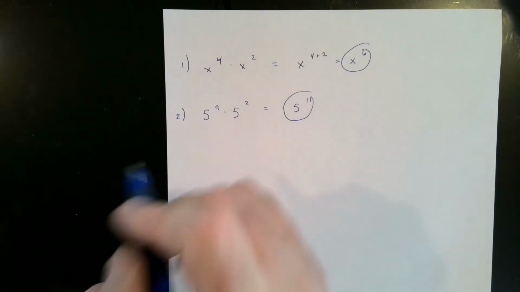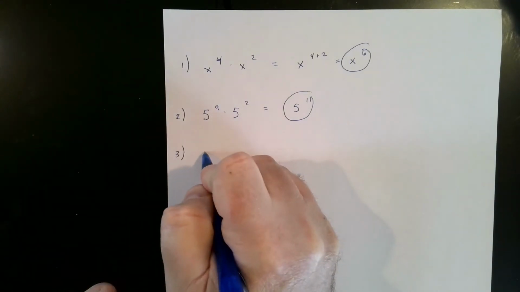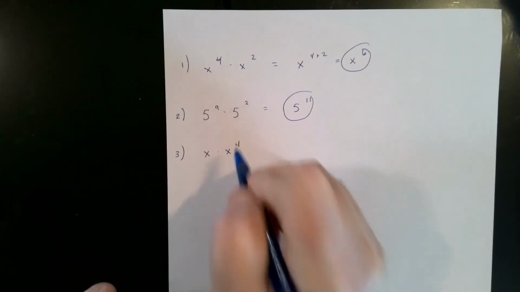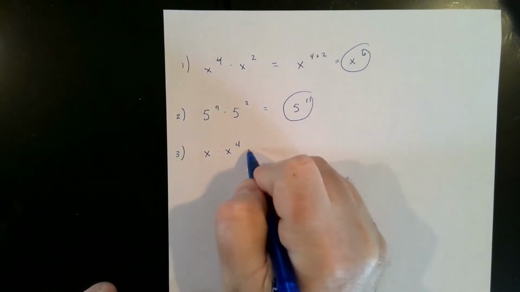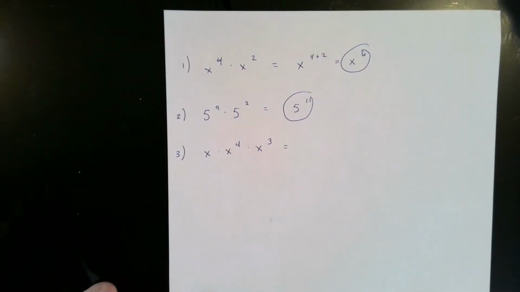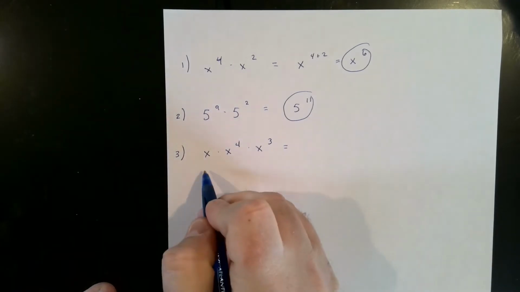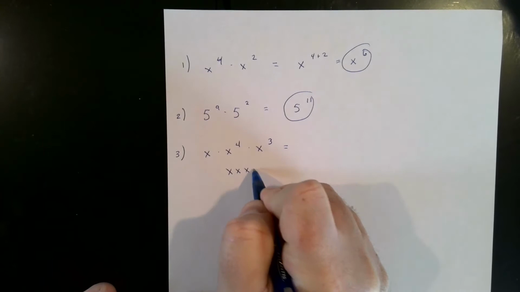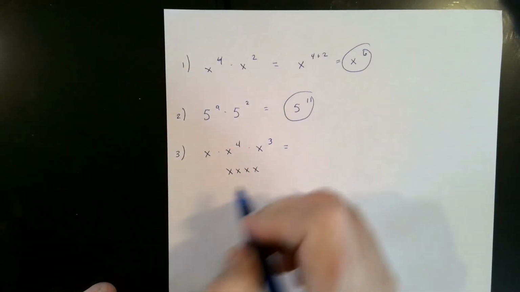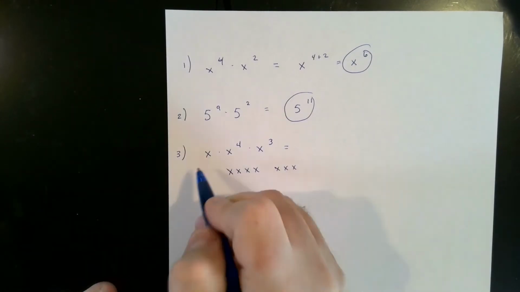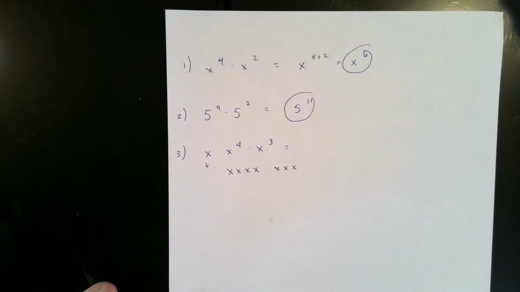Okay. Let's look at one where we have x times by x to the fourth times by x to the third power. As we saw in the videos before, that really means we have x times x times x times x, and here we have x times x times x, but on this one, this is really also to the power of 1, right?